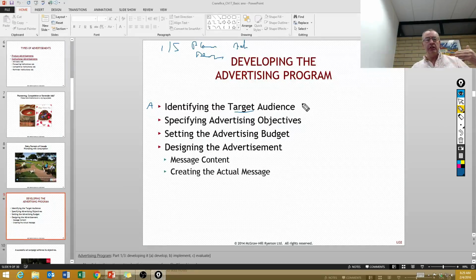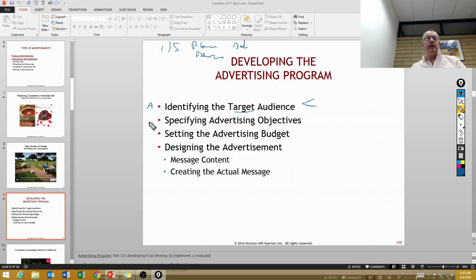Are we selling to Eastern Canadians or Western Canadians? Is there a particular age group we're selling to? So we know there's a bunch of demographic variables there. And there might be some other characteristics depending on our audience. Some products are sold at certain times of the year. We buy Christmas toys around Christmas, and we buy swimsuits in the summertime, and we buy skis in the wintertime. So there's a bit of a seasonality factor there as well.